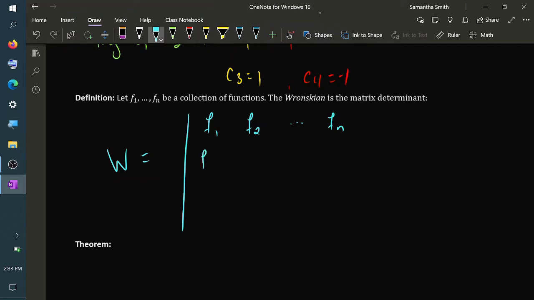The second row is going to be filled up with their first derivatives. The third row will contain the second derivatives, the fourth row will contain the third derivatives, and so on and so forth, until the final row contains the n minus first derivatives.